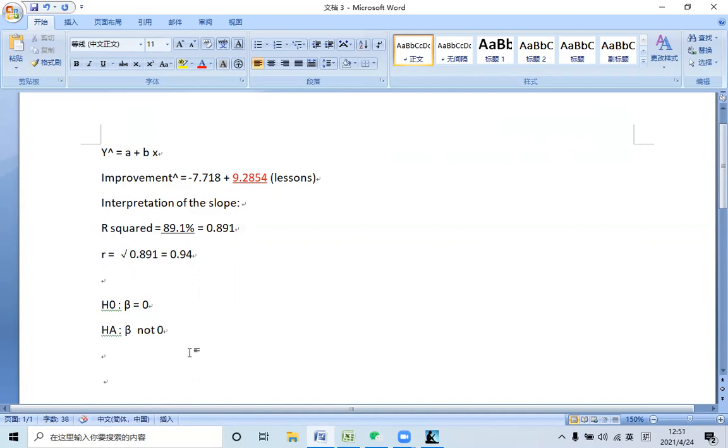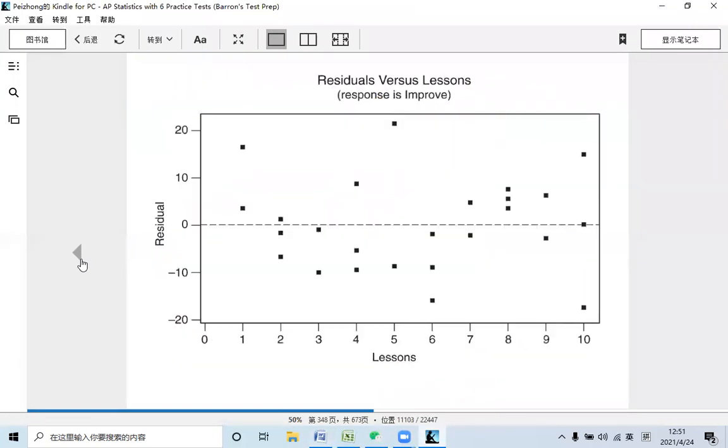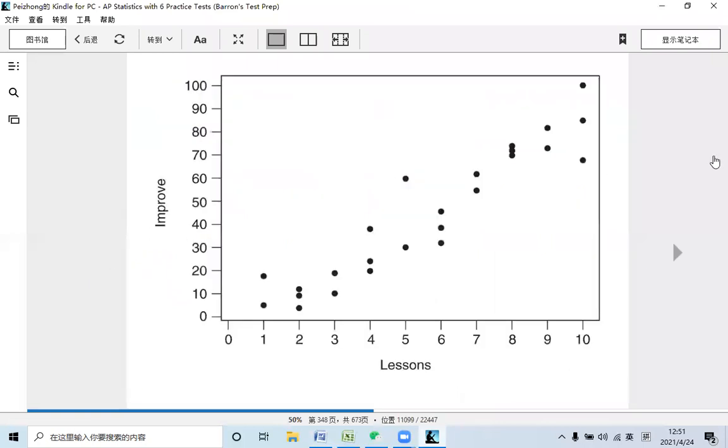We don't know whether beta is larger than 0 or smaller than 0, but it's just not 0. A beta equal to 0 would be a flat, horizontal line, no slope. And this one, if you eyeball the slope, it's like 45 degrees. It's really not 0. But the null hypothesis says it's 0. You try to use this evidence to reject the null hypothesis.